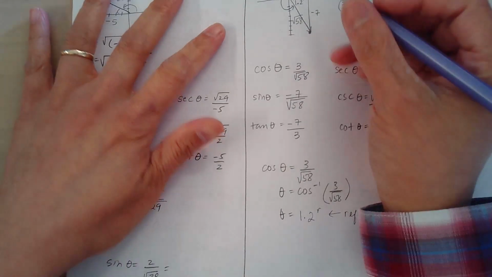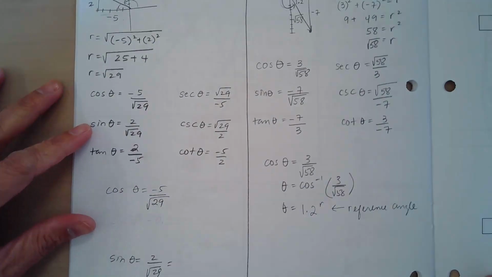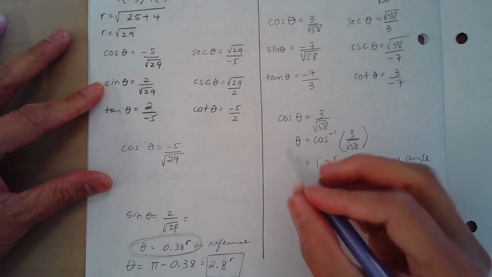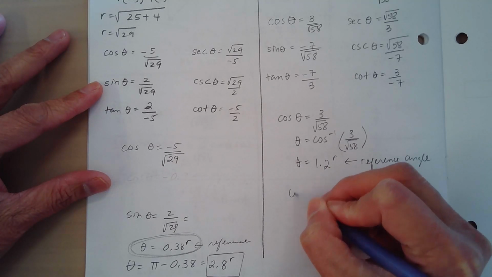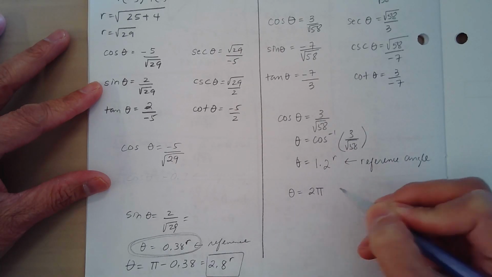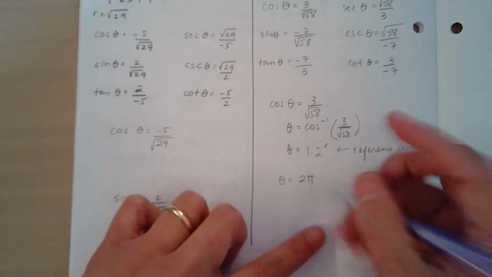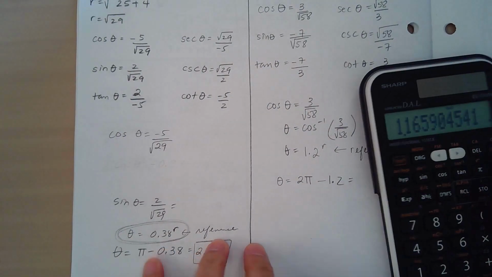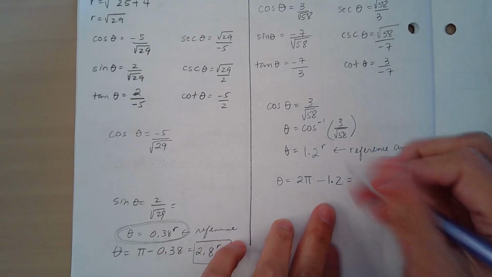So from here, how can we figure it out? Theta is going to be 2 pi, because we're operating in radian mode, so 2 pi minus 1.2, so it's 5.1.